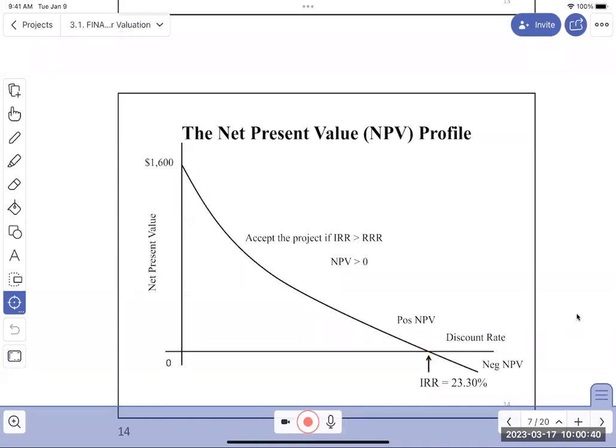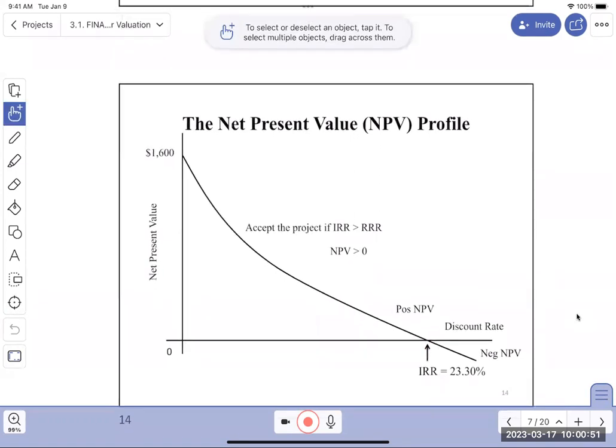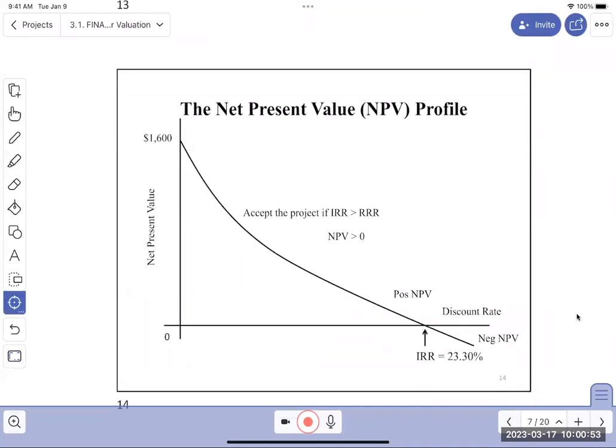So looking at this graph, what should the discount rate be for us to accept the project? Let's stare at this a bit. The question is, what should the discount rate be for me to accept the project?